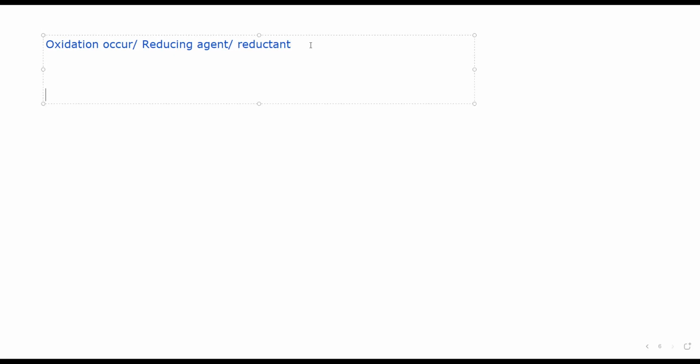And for the substance which undergoes reduction, reduction is a gain of electron. So when it gains electron, it helps other to lose that electron, so we call that an oxidizing agent, or we can also say oxidant.